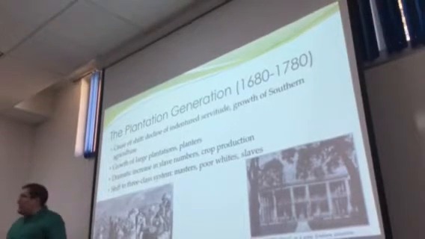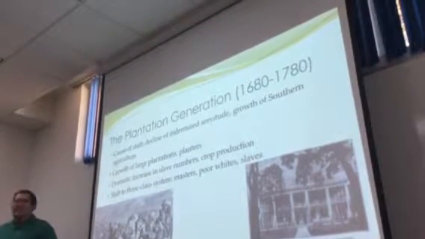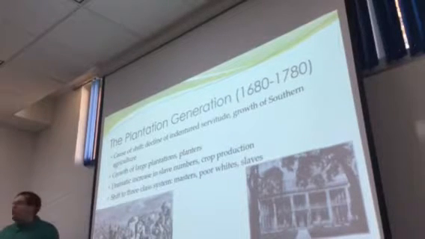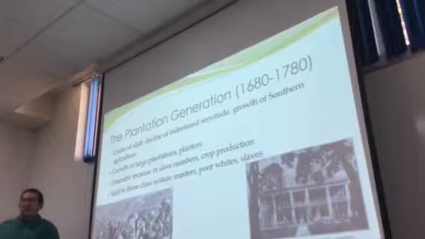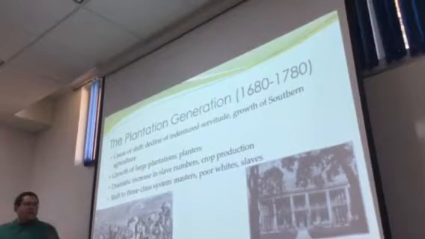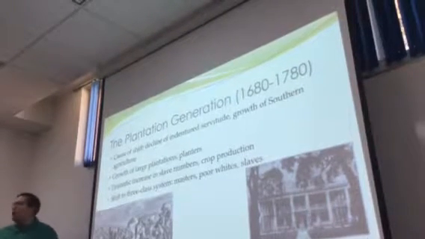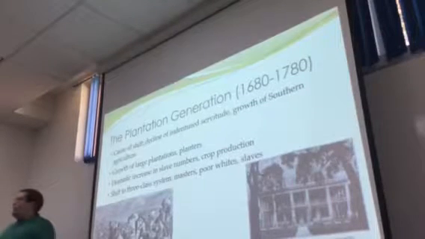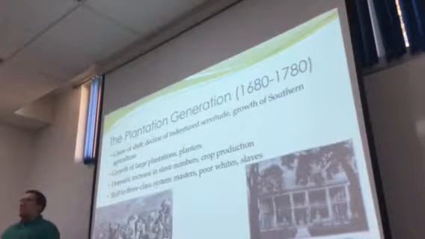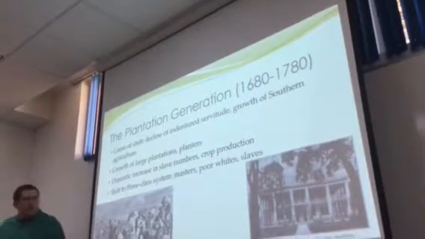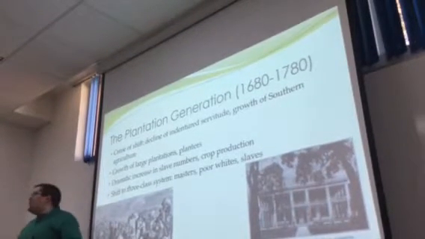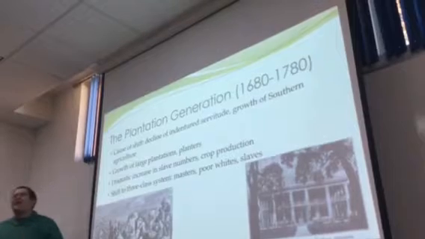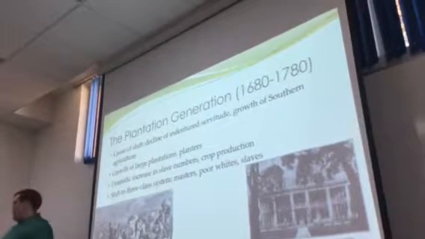And so you begin to see the growth of large plantations. In the 1630s and 40s, Anthony Johnson's 250 acres was a large plantation. By the mid-1700s, a large plantation is over 1 million acres. Just massive, massive plantations. Giant plantation houses being built. Dramatic increase in slave numbers and a dramatic increase in crop production.